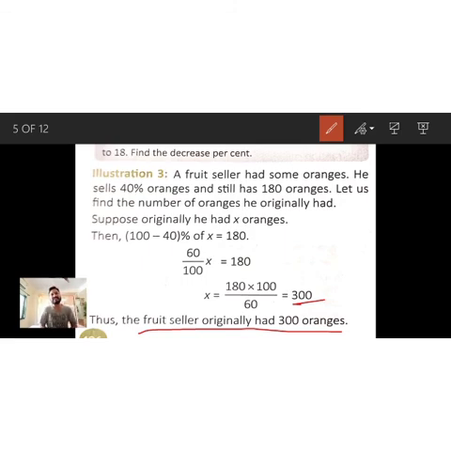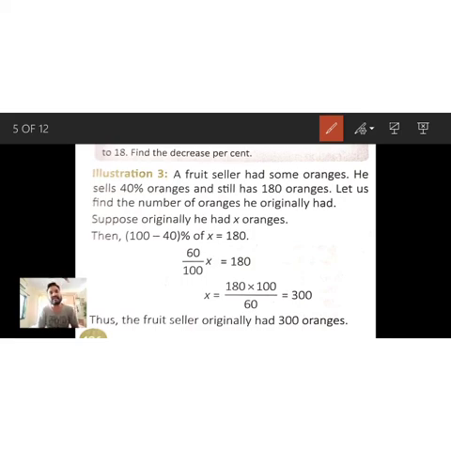Okay, this is the way to find out quantities by percentage. When we have a greater value, that is an increment in percentage. When we have a lesser value, then we have a decrement in the percentage. Okay, so now what do we have to do?